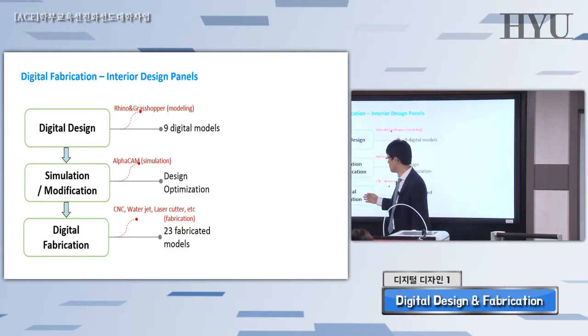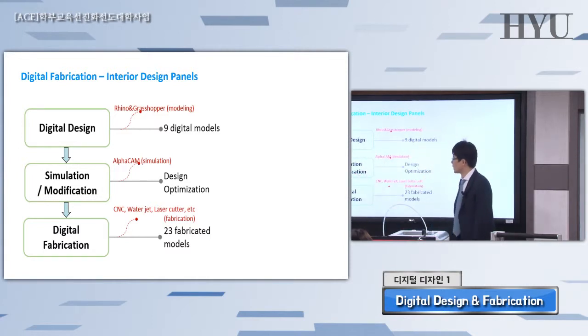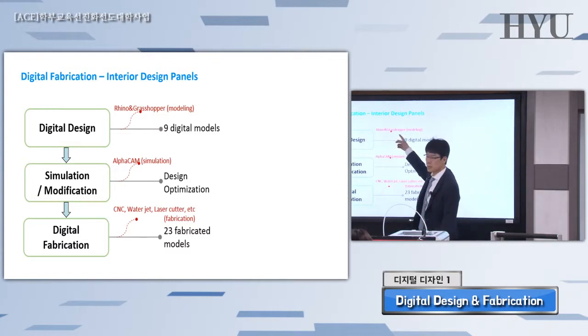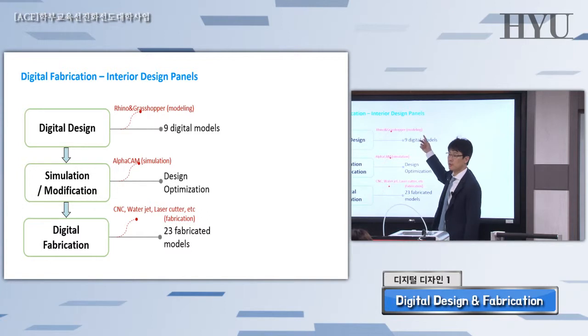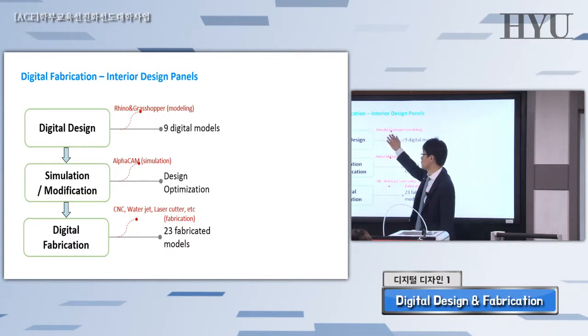But if you have to fabricate, if you have to make this using digital machines, devices, we need to know how to adjust the model so it can be fabricable, manufacturable, okay? That is the so-called simulation or some modification for fabrication, okay? In this stage, Rhino, Grasshopper, SketchUp, 3ds Max, Revit, any type of software we can use.